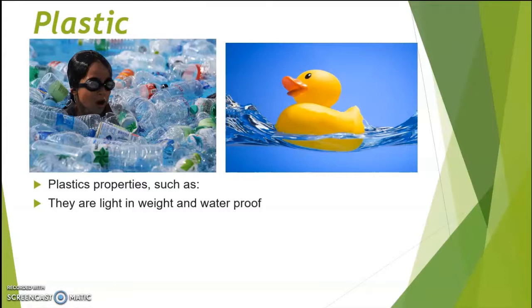They are light in weight and waterproof and easily molded into different shapes and sizes. As you can see, it's easy to mold. You can mold it as a duck, and then you can mold it as a plastic bottle. You can shape it by molding it, right?